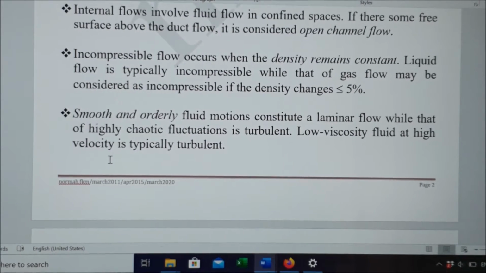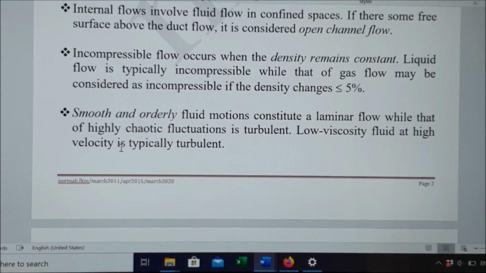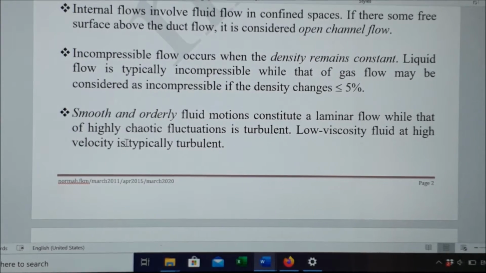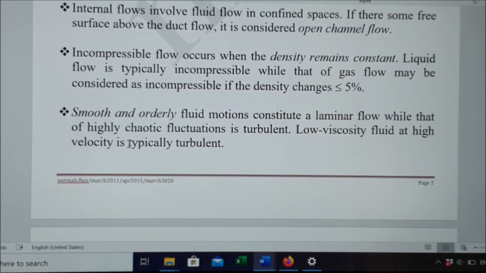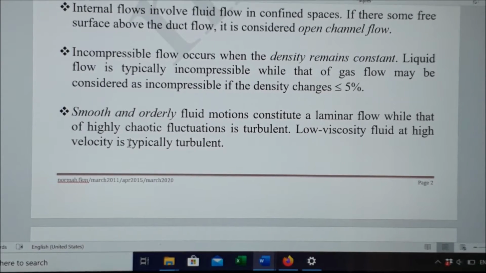Smooth and orderly fluid motion constitutes laminar flow, while highly chaotic fluctuation is turbulent. And this we can determine through the value of the Reynolds number. Remember that for external flow, generally we take about 2,300 Reynolds number as the separation between laminar and turbulent. For internal flow, we will look at it later in the course.